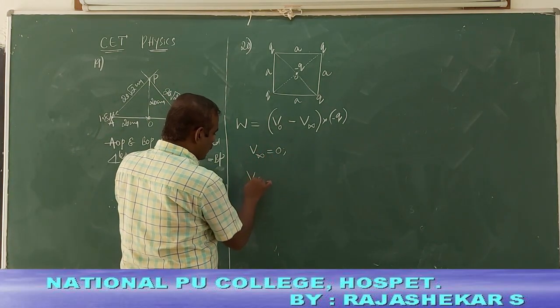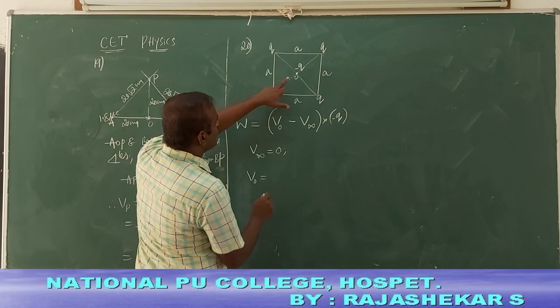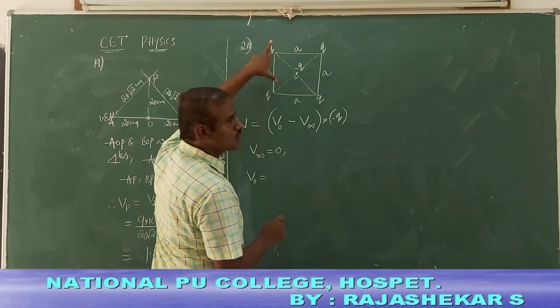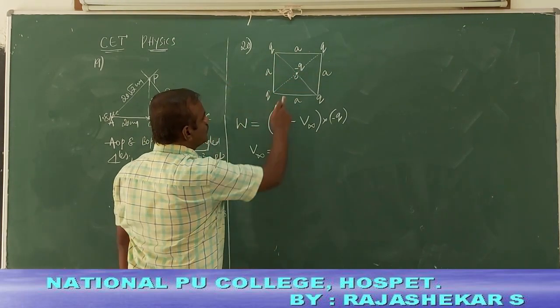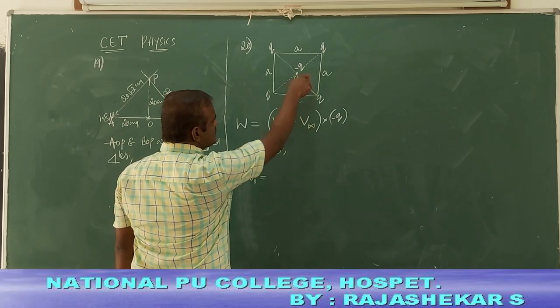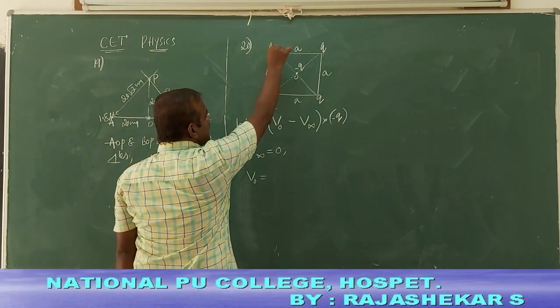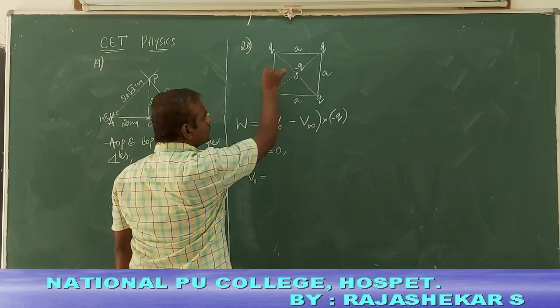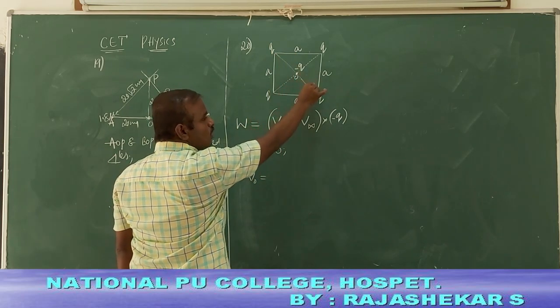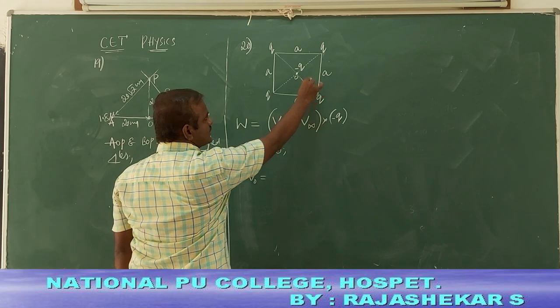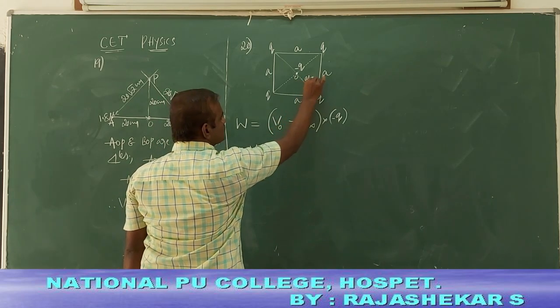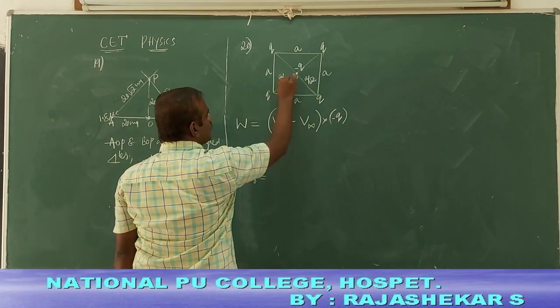Therefore, V at O will be the potential at O due to the 4 charges at the 4 corners. And this distance you have to find. You remember, this diagonal will be root 2 a. And this is half of that, a by root 2. This is a by root 2.